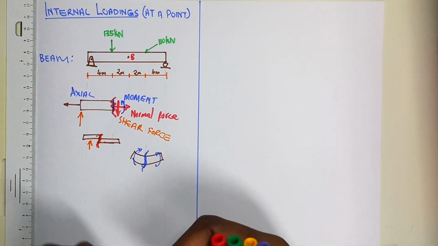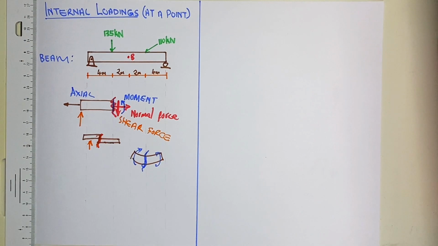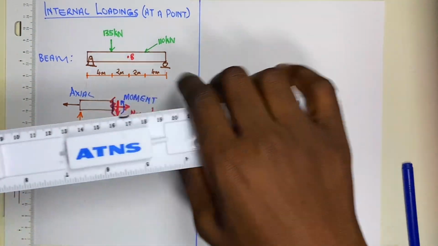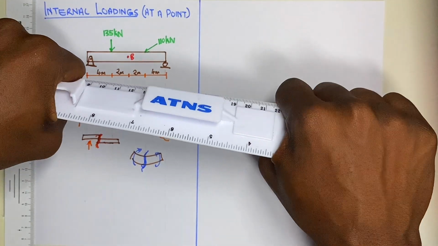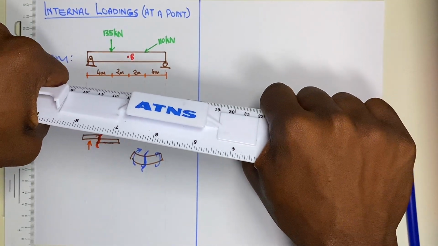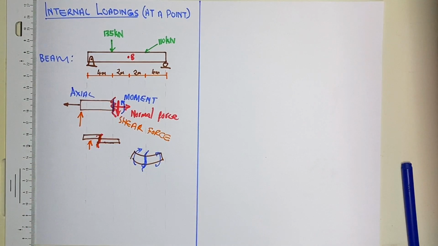With torsion, you can visualize it as a sort of twisting that happens to a member. If you take my ruler here, and this side I twist that side, and this side I twist this direction, then you experience some sort of torsion. That's how you differentiate between what is moment, what is torque, and what is torsion.